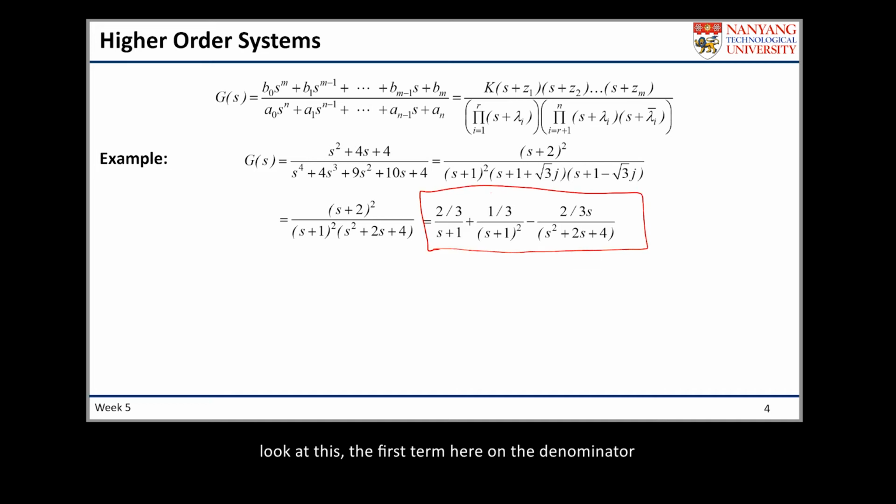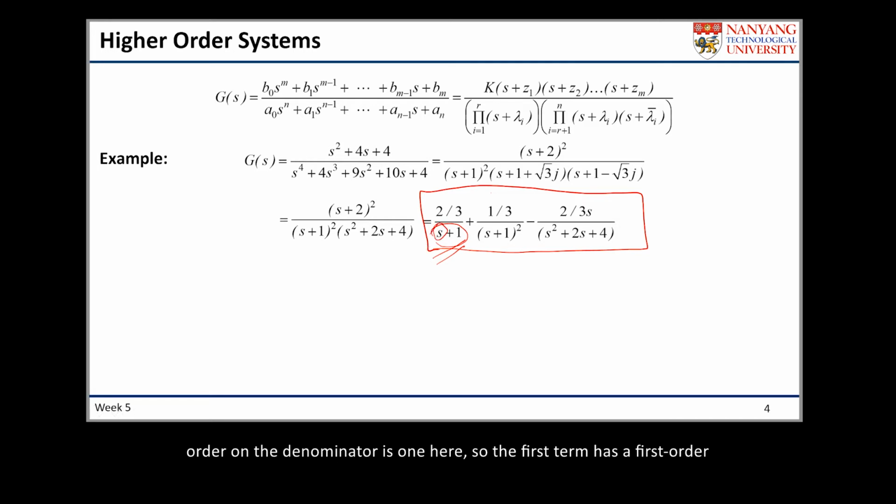If you look at this, the first term here on the denominator has a first order polynomial. What I mean by first order polynomial is that the highest order on the denominator is 1 here.